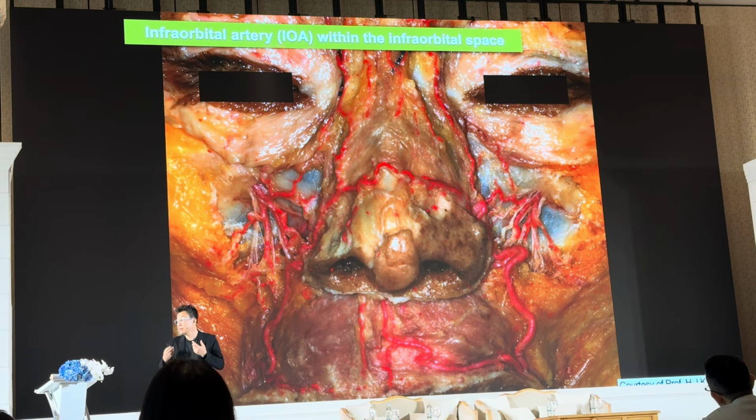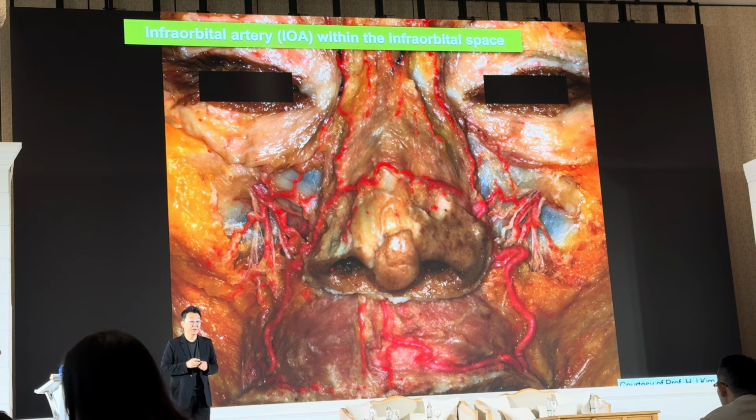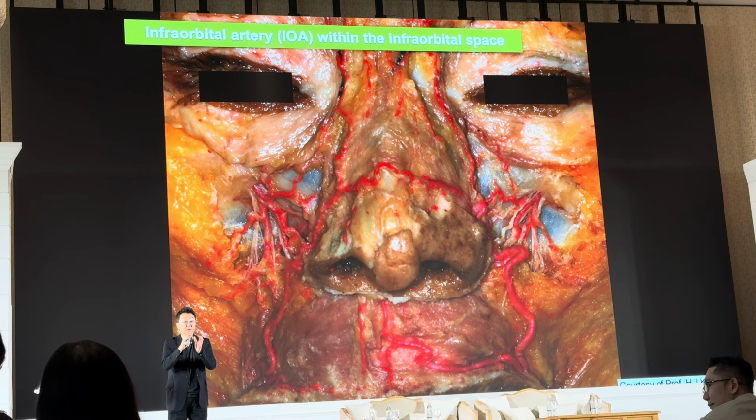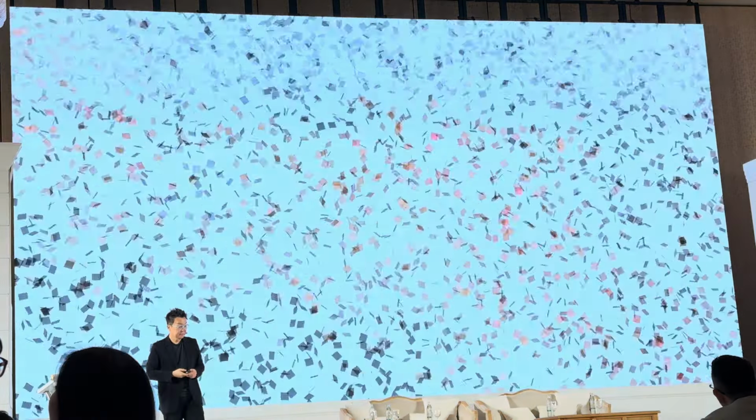But we can observe many variations, as you can see from the angular arteries, where the left side covers the whole nose, and also 100% they communicate with the facial arteries, and also they communicate with the ophthalmic arterial branches. When you hit these areas, contralateral or ipsilateral, some necrosis of the ala could be encountered.